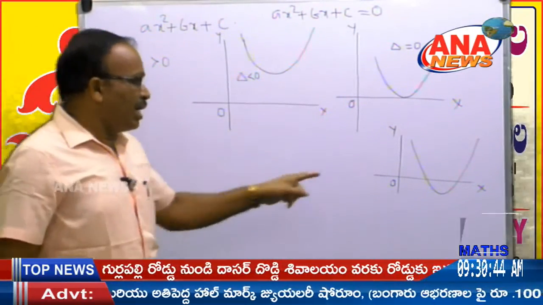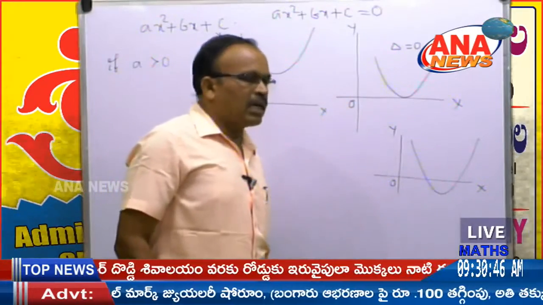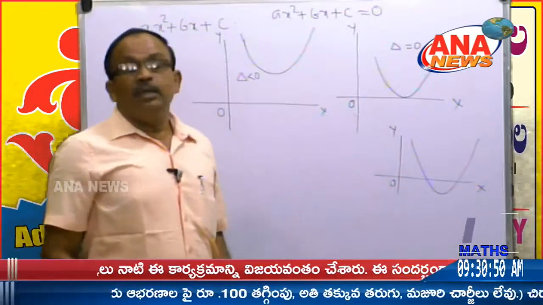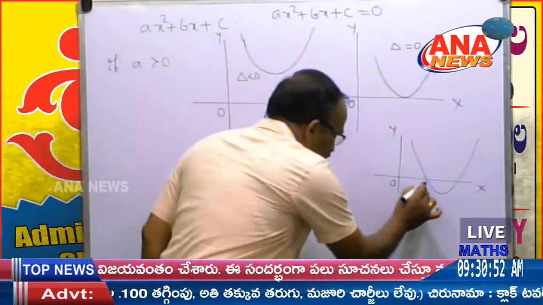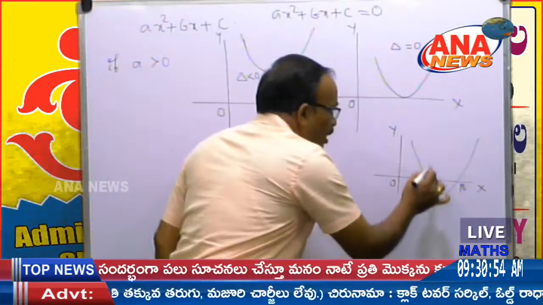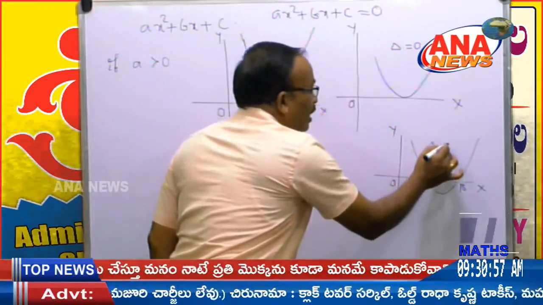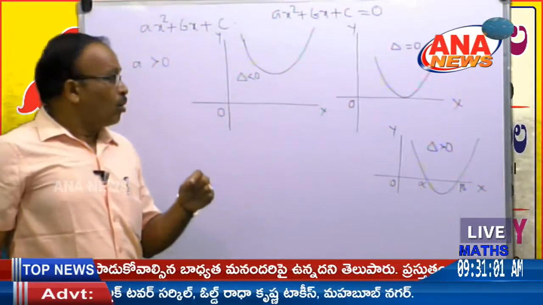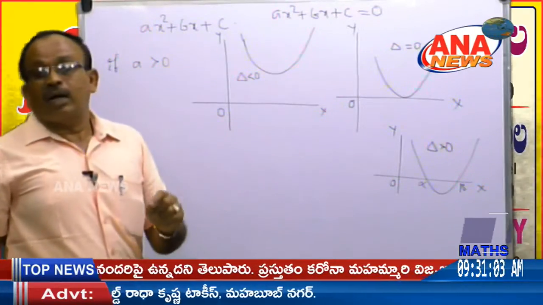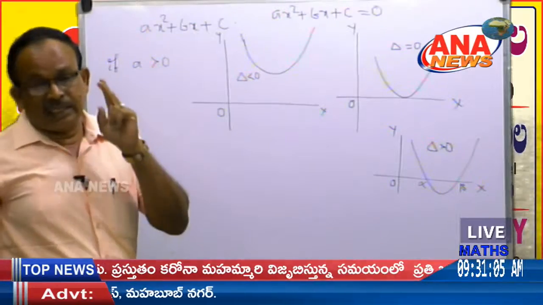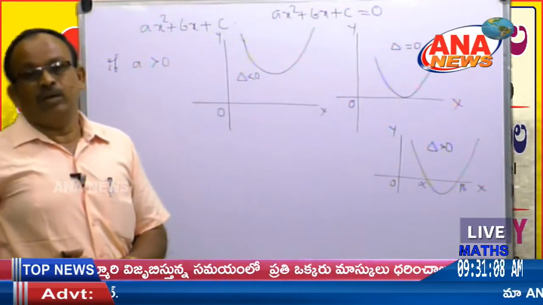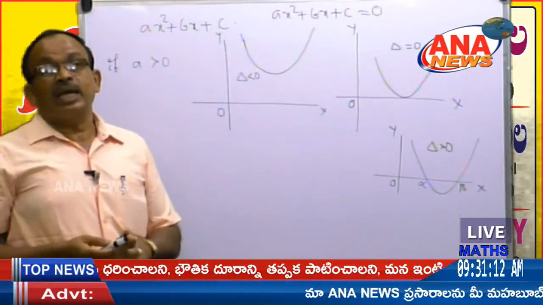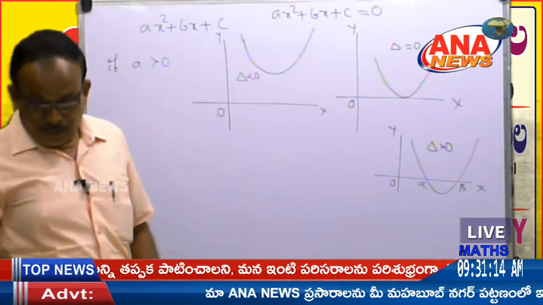If the 2 roots are real, the curve intersects the x-axis at 2 points, that is alpha and beta. Here delta greater than 0. Clear? If delta greater than 0, roots alpha, beta, the curve intersects the x-axis in 2 points. Okay? We will discuss a less than 0 in the next class, that is tomorrow. Thank you.